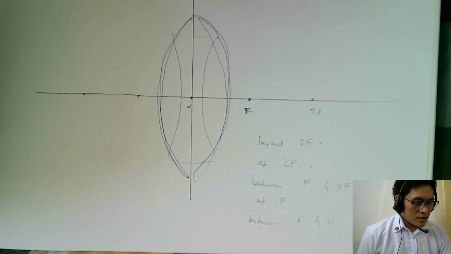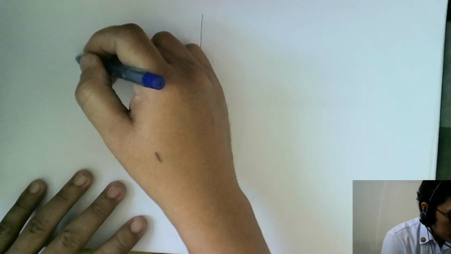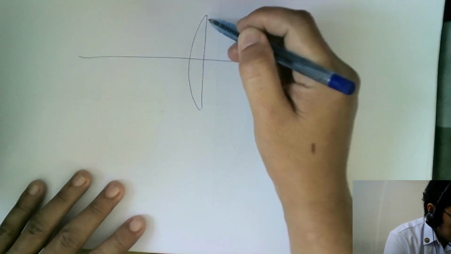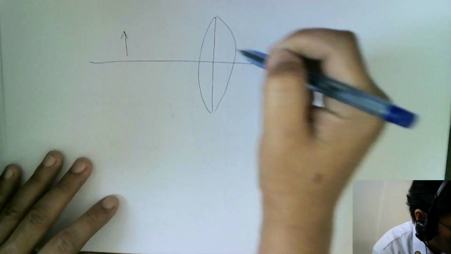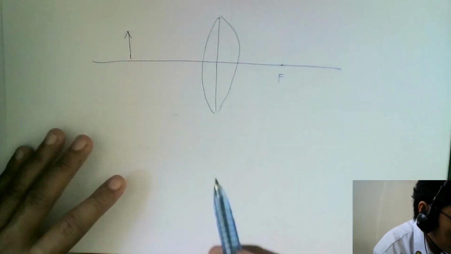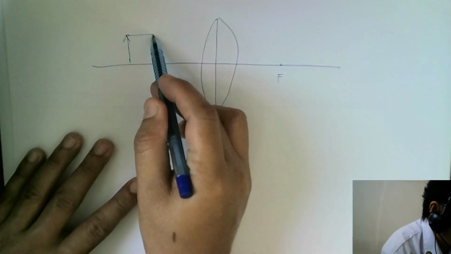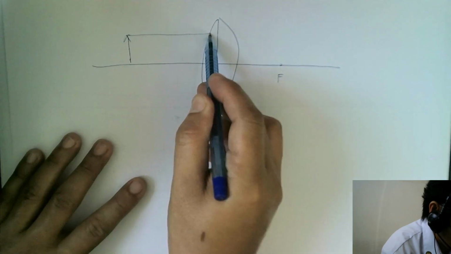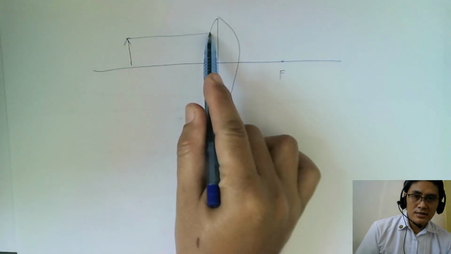And then again, I feel like I have not emphasized this well enough, but if you have a lens, the lens axis is important there. If you have an object here, and let's say this is the F here, and you are doing a parallel focus ray, you draw the light ray here, you do not stop at the surface of the lens.